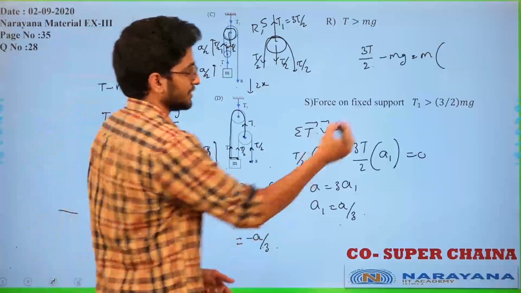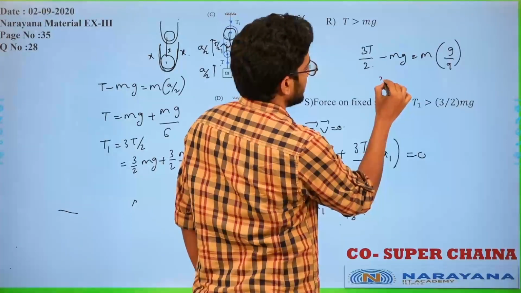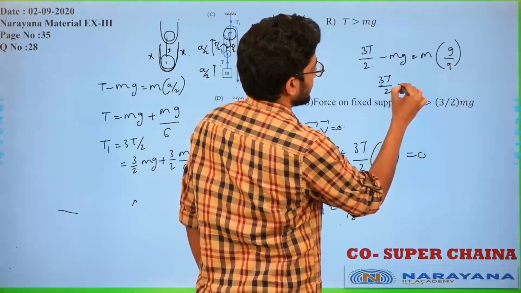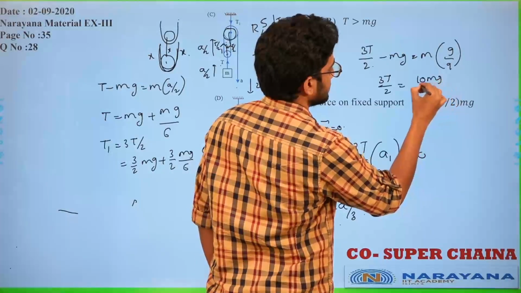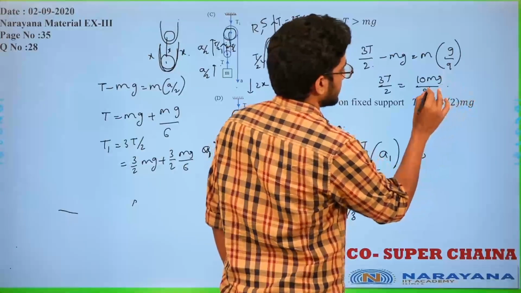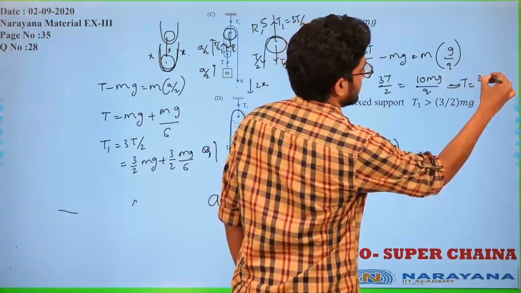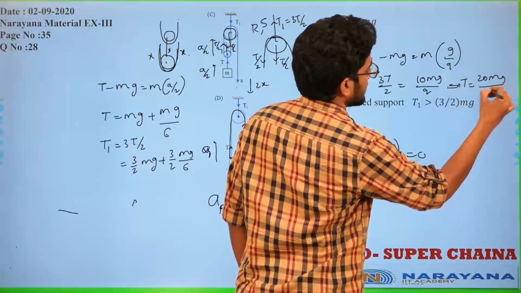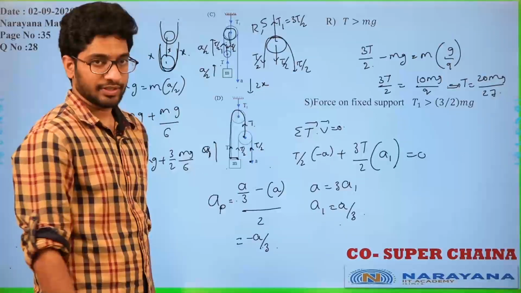A is already g by 3, so this is g by 9. So I get 3T by 2 as mg plus m into g by 9, 10 mg by 9. So T is 20 mg by 27, this is less than mg. So this option is not applicable, only P and Q.